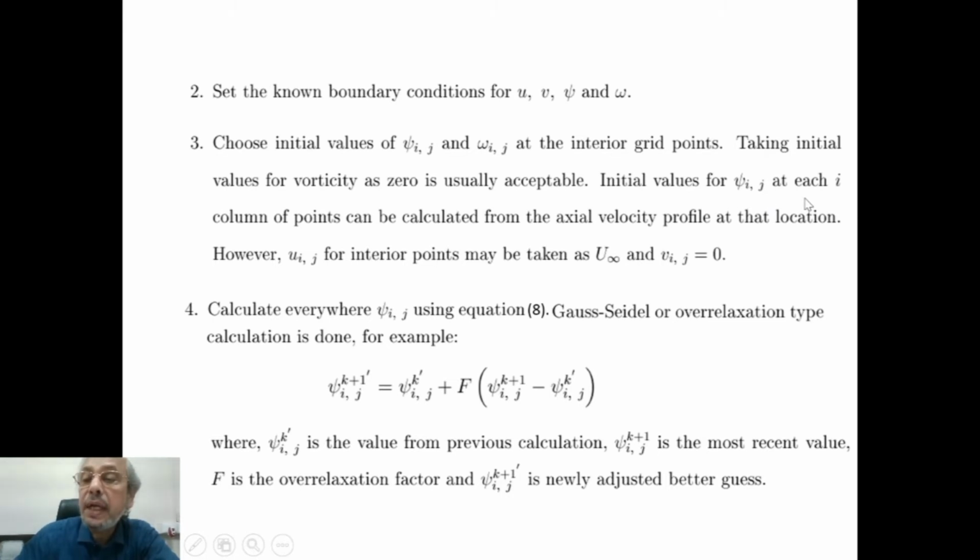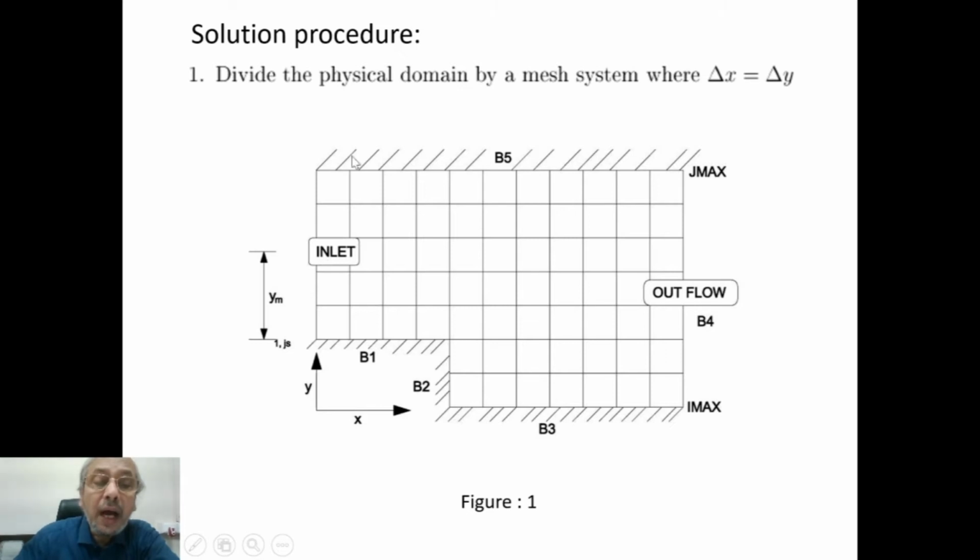The initial value of psi ij at each i column of points can be calculated from the axial velocity profile at that location. That means for all i columns of points, if we take, for example, i equal to 2, then j equal to 2, j equal to 3, j equal to 4, j equal to 5, j equal to 6, etc. can be calculated from the initial velocity profile that we take.